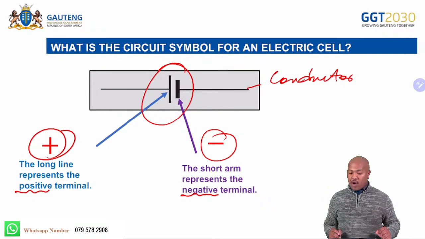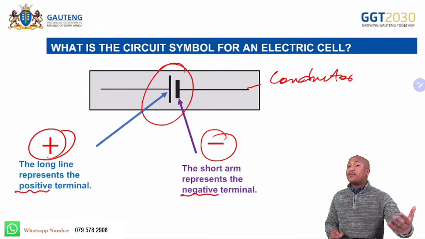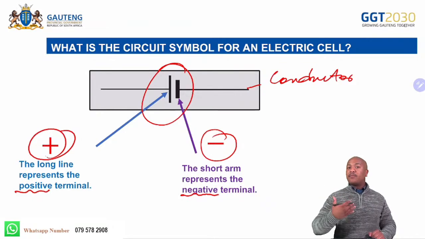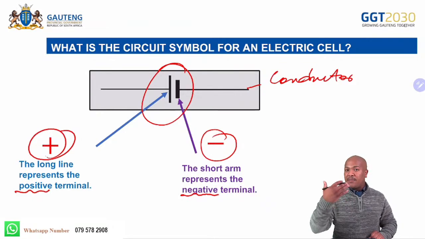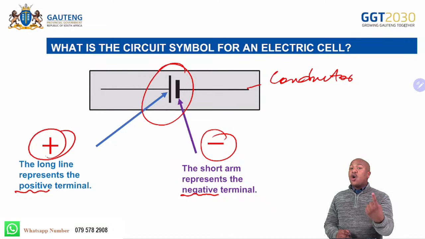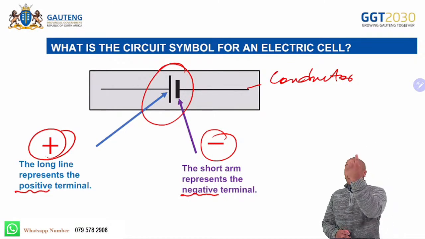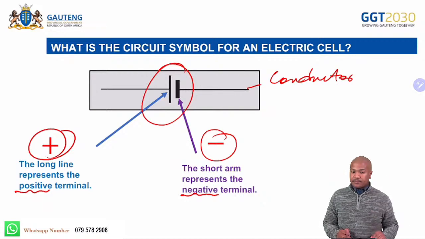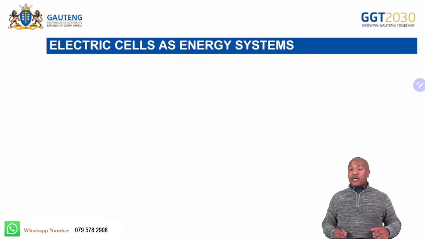The long line represents the positive terminal, whereas the short arm represents the negative terminal. So bear in mind, one cell has two lines, one long line and one short line, to give us one cell.